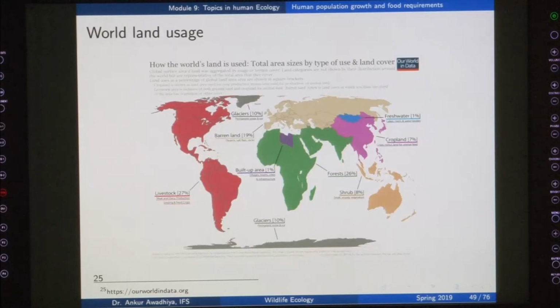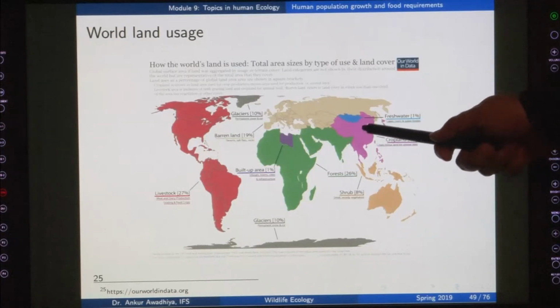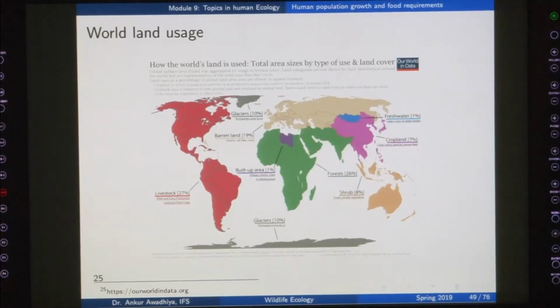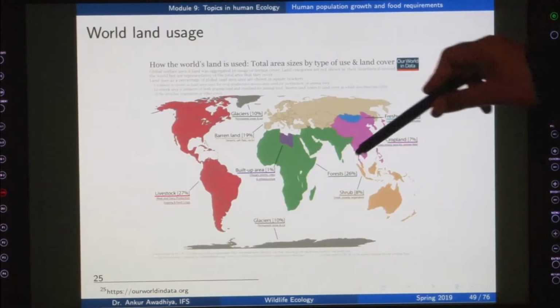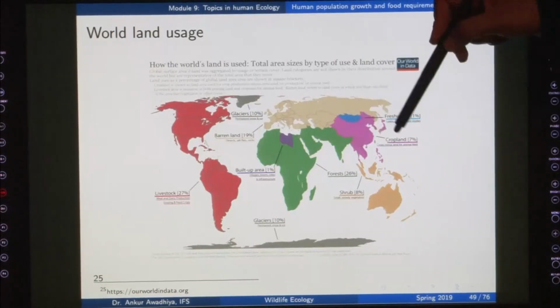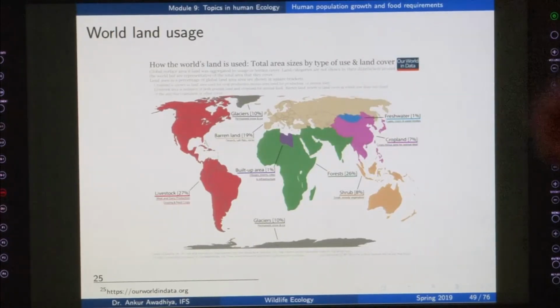And this proportion has not remained constant with time. We have tried to increase the amount of land available for croplands and for livestock. And how do we do that? Through time we have chopped up some of the areas of forest and diverted that land into agriculture, or maybe we have diverted some amount of shrubland into agriculture, or some amount of barren lands into the agricultural sector.